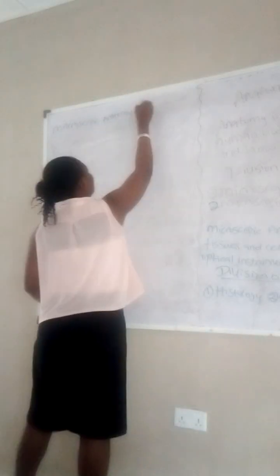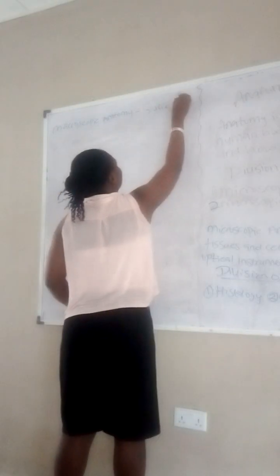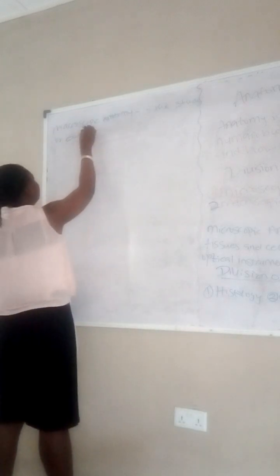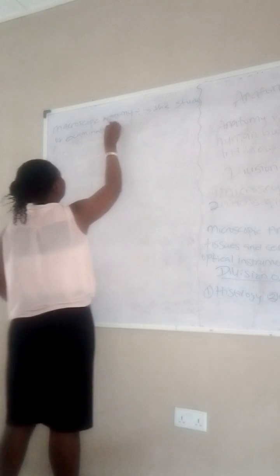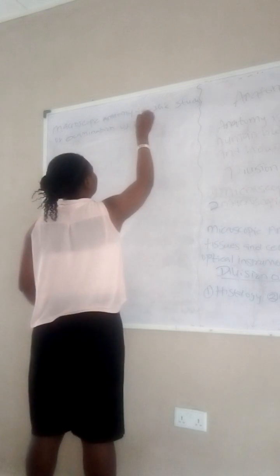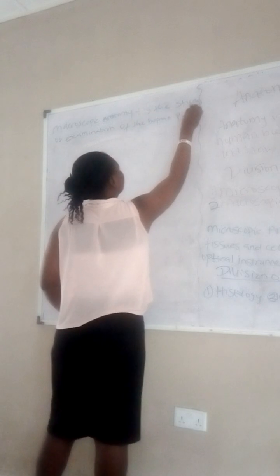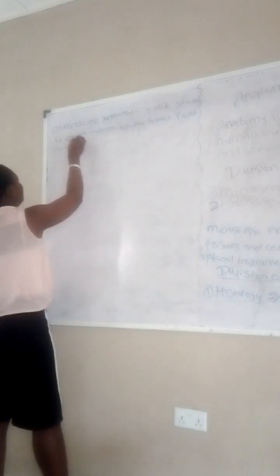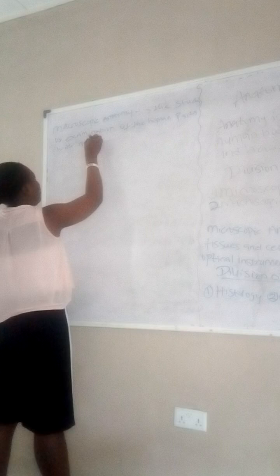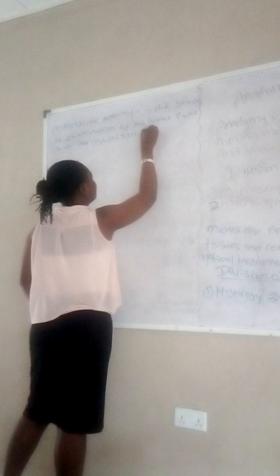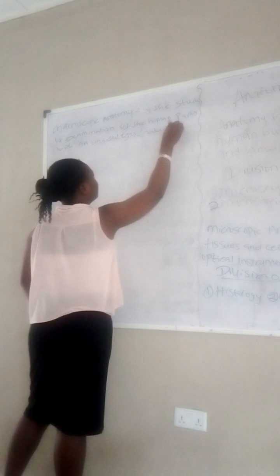Macroscopic anatomy is the study or examination of the human parts with unaided, naked eyes. And under this, we have three divisions.